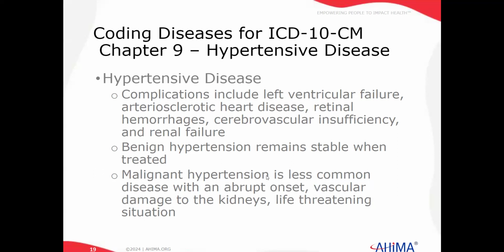Benign hypertension remains stable and controlled when it's treated. Malignant hypertension is less common, but it's this kind of abrupt onset and usually results in kidney damage in a life-threatening situation.